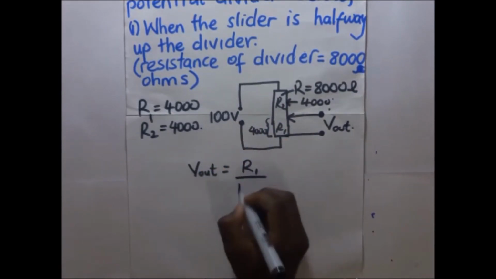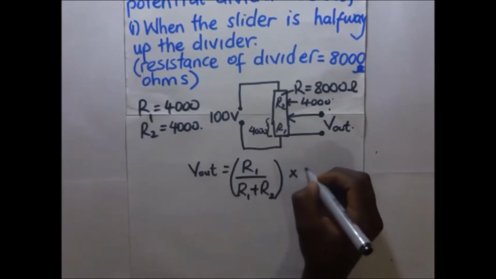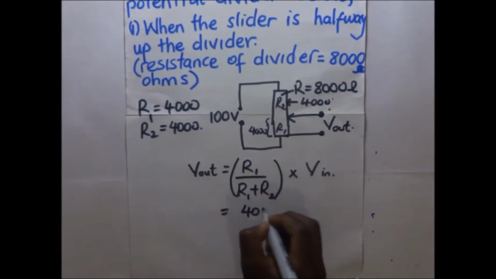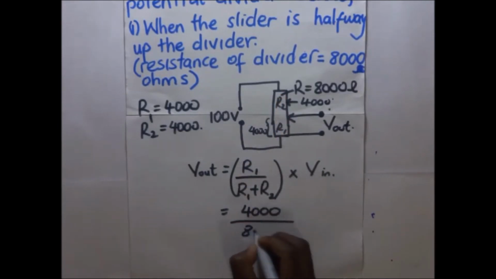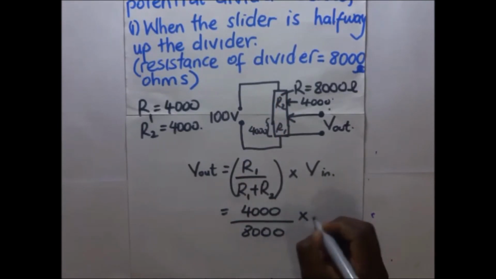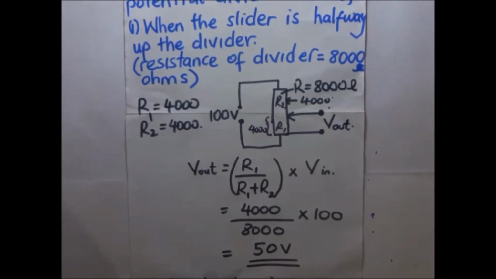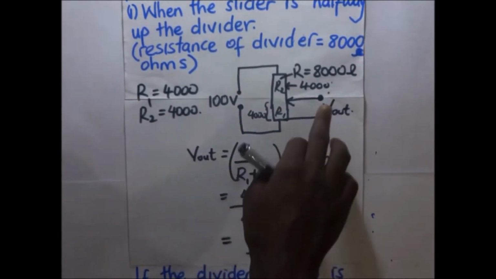So it's going to be R1 over R1 plus R2, multiplied by the voltage input. R1 is 4,000 ohms over 4,000 plus 4,000, which is 8,000, multiplied by 100, and we shall get our answer as 50 volts. Now 50 volts is going to be our answer. That's the voltage output for a potential divider that is unloaded.